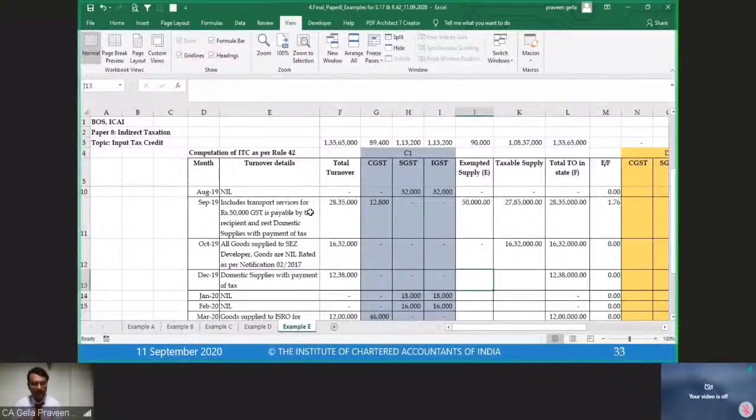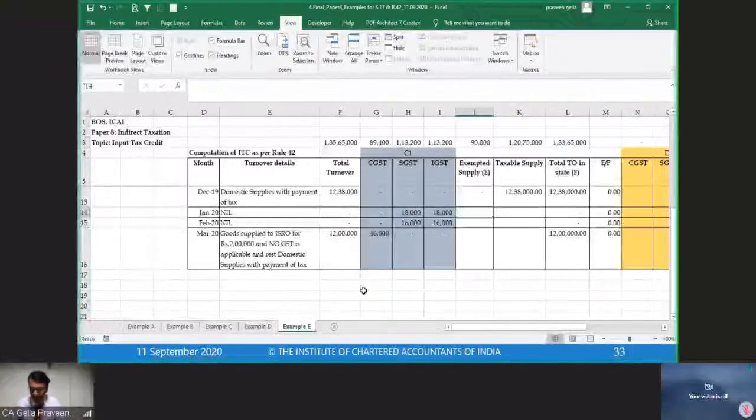Next, December month, domestic supplies with payment of tax. Whatever is there is called domestic supply. So my taxable supply is the entire amount. By virtue of that, exempt supply is zero. Again, January, I have zero taxable supply turnover, zero. February, zero.